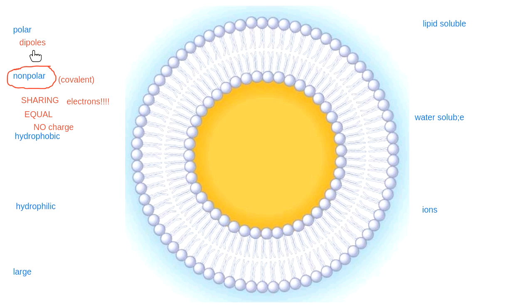With polar covalent bonds, it's still a sharing bond, but it's not equal sharing. So polar, we have not equal sharing. And like a lot of people are talking about in the chat, when we're saying the dipoles, it's partial positive or partial negative.